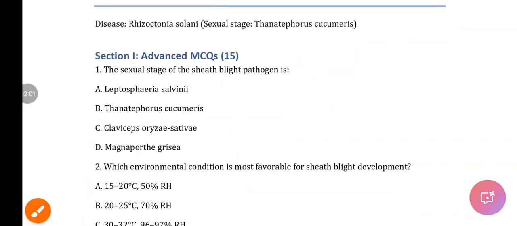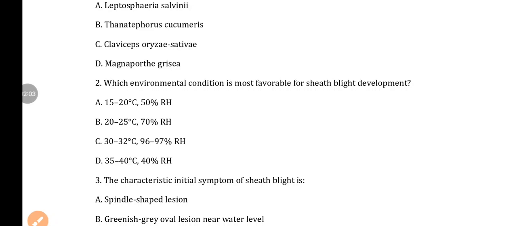Next, question number 2. Which environmental condition is most favorable for sheath blight development? Option A, 15 to 20 degrees Celsius with 50% RH, means relative humidity. Option B, 20 to 25 degrees Celsius with 70% RH.